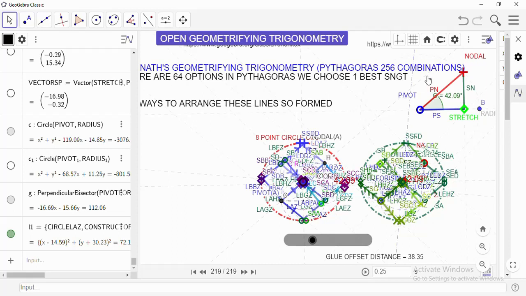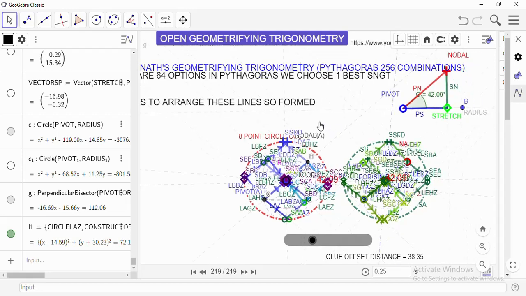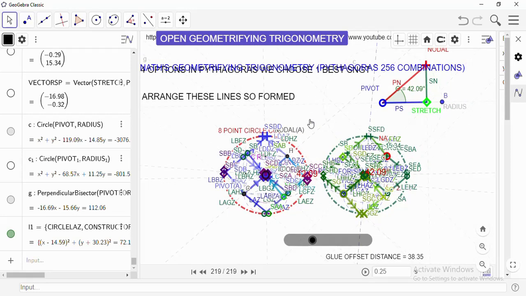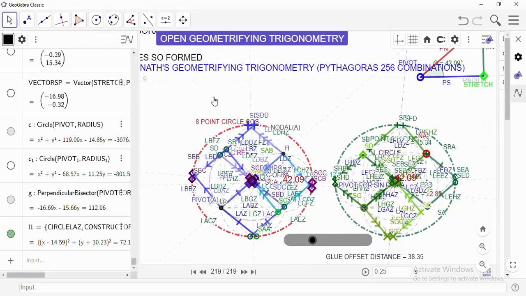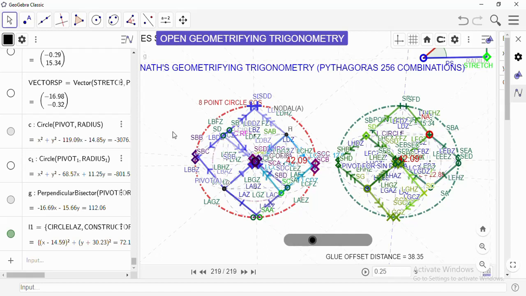We have made a convention that hypotenuses are drawn in red, bases are drawn in blue, and perpendiculars are drawn in green. So always we will see in our diagrams the hypotenuses in red, or important circles are drawn to highlight things in different ways.